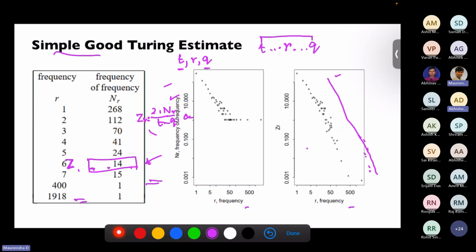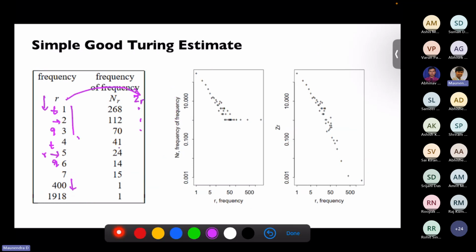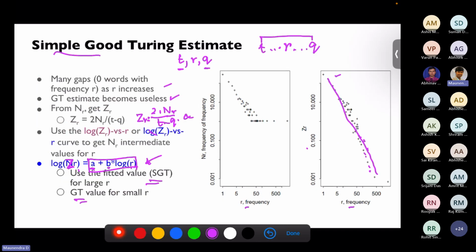For smaller values, we directly take the values from here. As long as we find R values to be continuous, we use this. The moment we see some gap starts to come, from that point onwards, we use this estimate. And here we'll not have zeros.